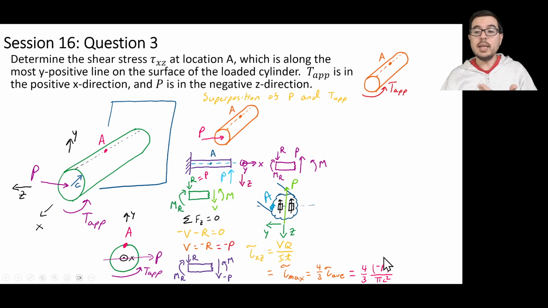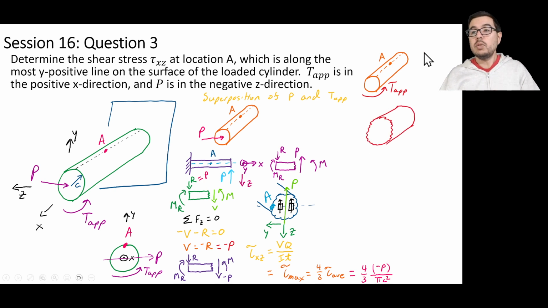So I can kind of get that, it's going to be minus P over the cross-sectional area times the appropriate factor, 4/3. Oh, so all that just for the transverse shear stress. Okay, the next part, promise, goes much more quickly.